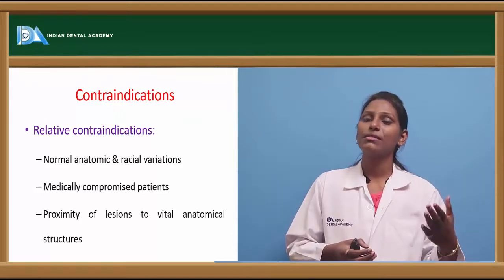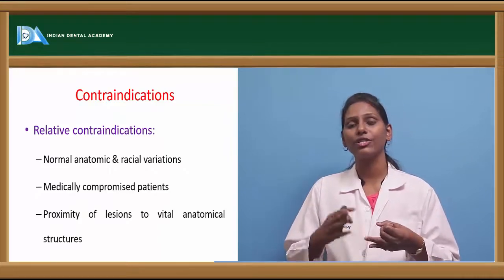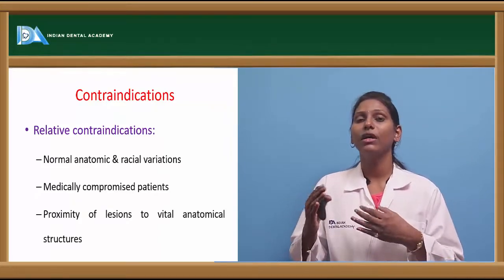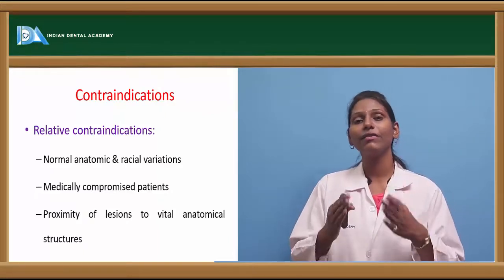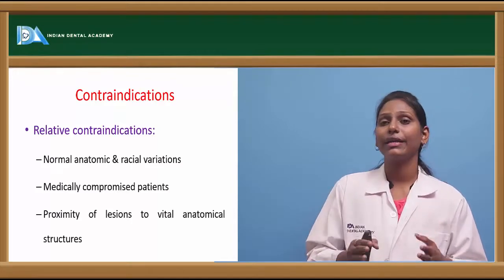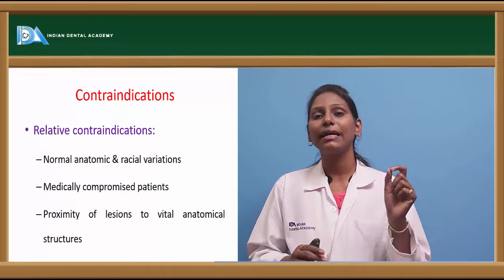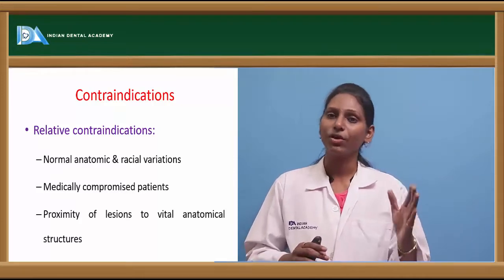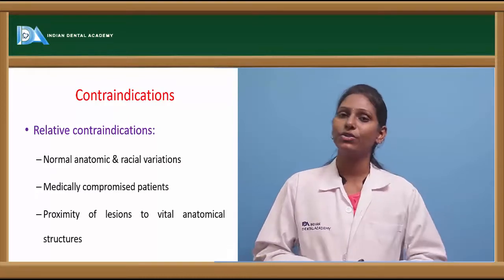So in those cases, we either go ahead with local styptic measures, or ask the patient to stop the drug or switch to another drug, such as heparin, and then perform the biopsy. So these are relative contraindications. It doesn't mean we should not perform a biopsy in those cases. It is only that proper precautions have to be taken before performing a biopsy in those conditions.